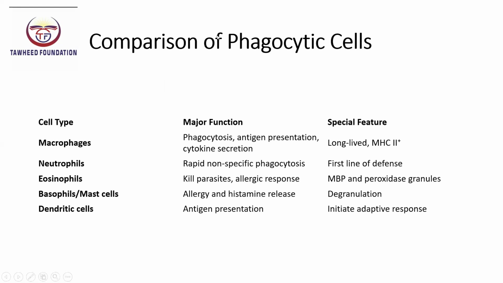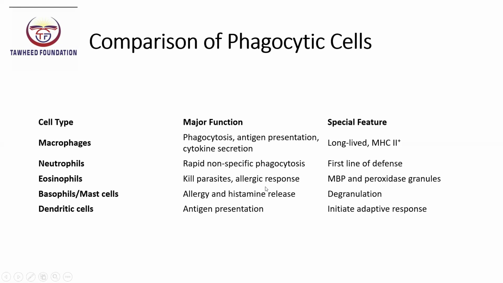Next is comparison of phagocytic cells. This table highlights functional differences and specialization among phagocytic cells. Macrophages: major function is phagocytosis, antigen presentation, and cytokine secretion, and the special feature is that they are long-lived with MHC II molecules. Neutrophils: rapid non-specific phagocytosis, the first line of defense.